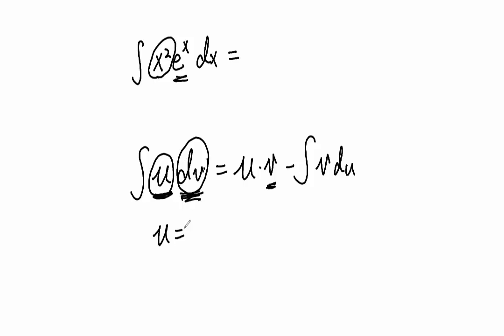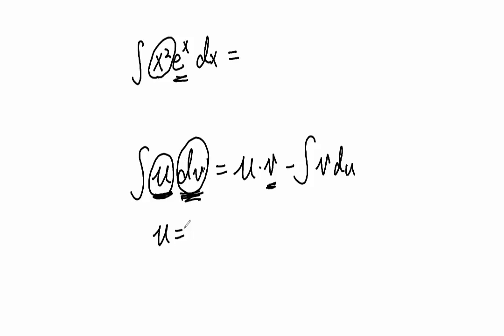Integration by parts is trying to get rid of something, right? Can you get rid of something by taking a derivative or integration? You have to think: x derivative becomes 1, so our exponent is decreased.